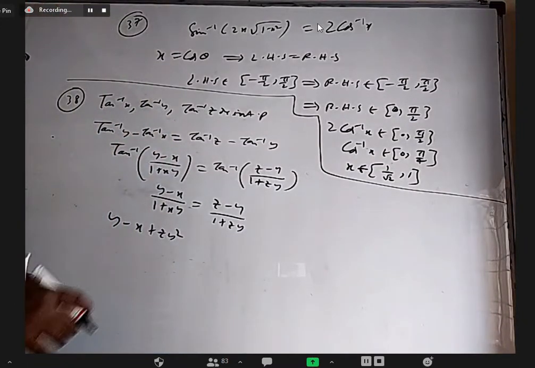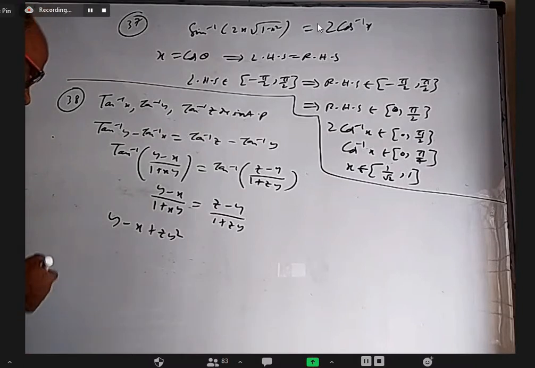x, y, z are in AP, given, but right now I don't want to use it. Without using it, I actually want to see what will come.